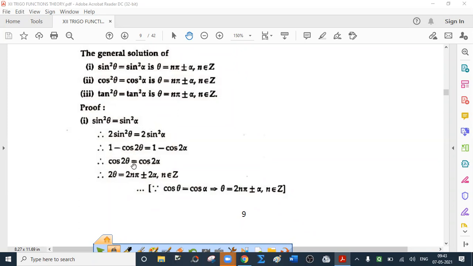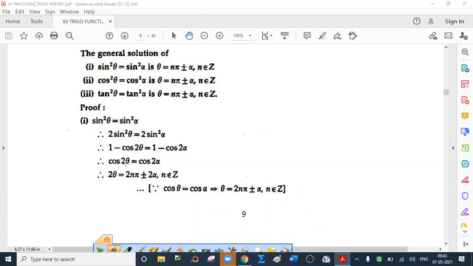So what is 2 theta? We have already solved the equation cos theta equal to cos alpha. Using that, 2 theta is nothing but 2n pi plus minus 2 alpha, where n is an integer. See, this is the reason. Before discussing this proof, we have already proved that cos theta equal to cos alpha has general solution theta equal to 2n pi plus minus alpha.